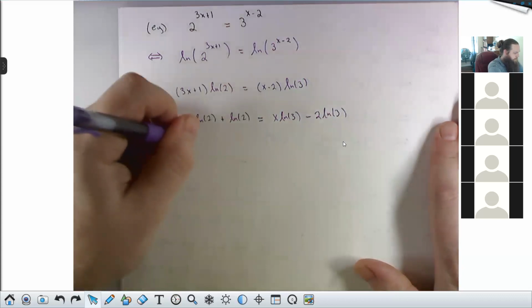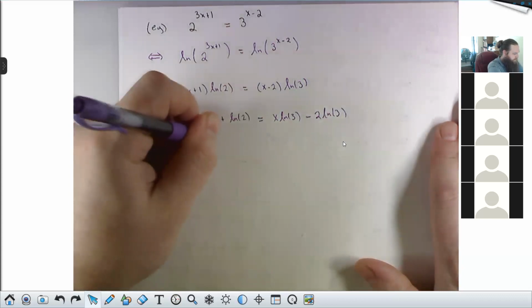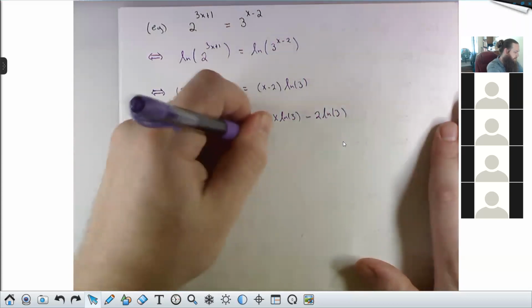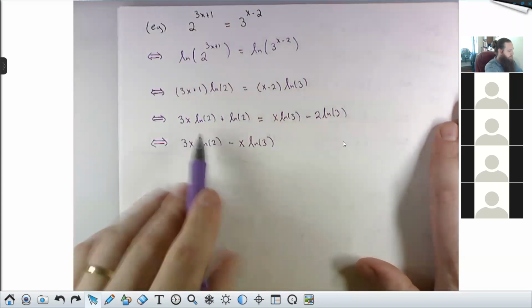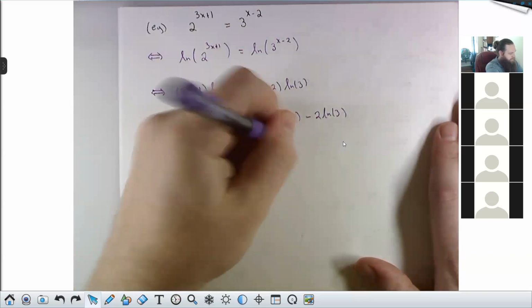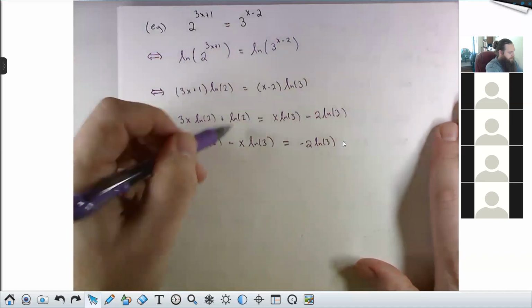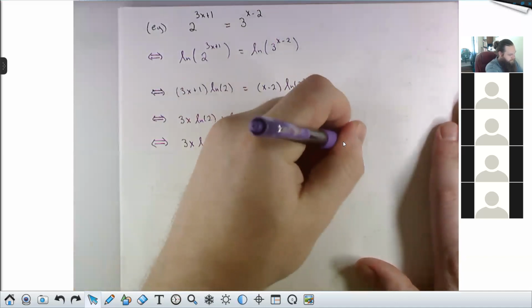That gives me 3x ln of 2 minus x ln of 3, subtracting the x ln 3 over, equals negative 2 ln 3 minus ln 2.